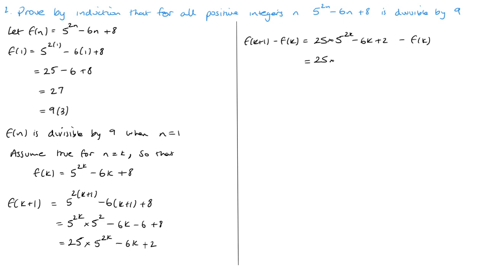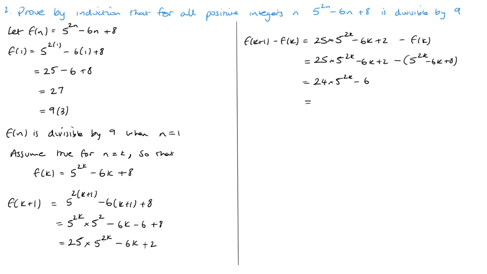So it's 25 of these minus 6k plus 2 minus, and then this is 5 to the 2k minus 6k plus 8. So 25 of the 5 to the 2k minus one of them is 24 times 5 to the 2k, minus 6k plus 6k is 0, 2 minus 8 is minus 6 there.